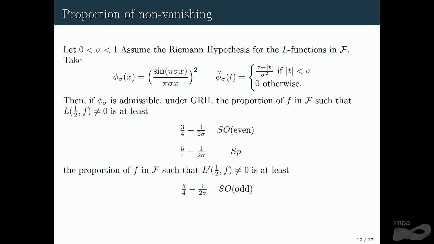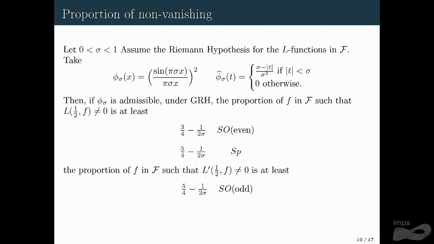And so that's what we say. So maybe I had written something not in this thing. Yeah, so if you get that the average rank is more than 1, then you deduce a positive proportion of rank 0. And you can do a bit smarter than that if you separate according to the sign of the functional equations.